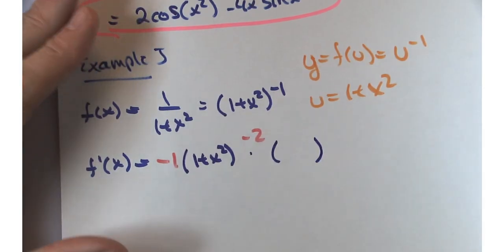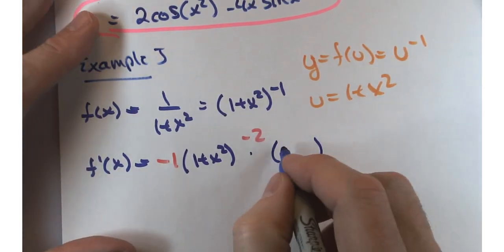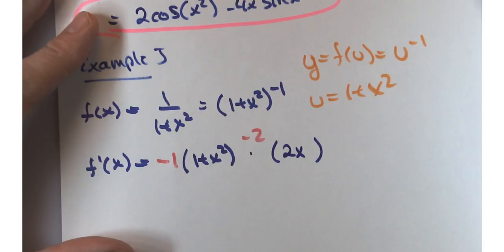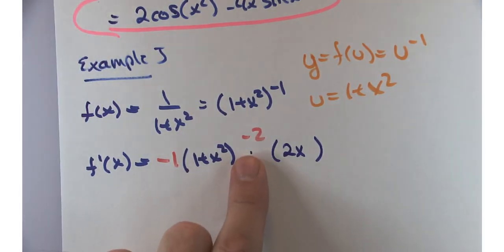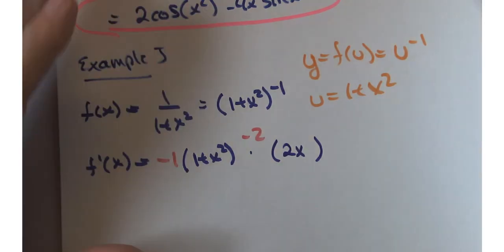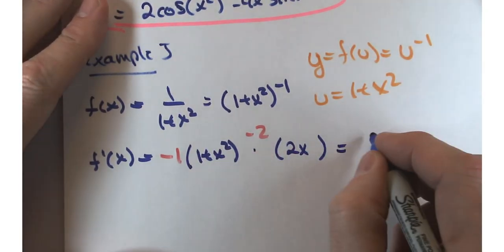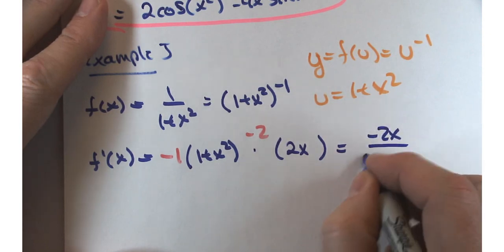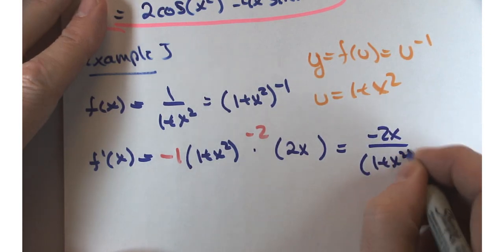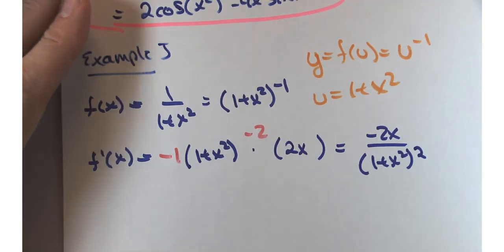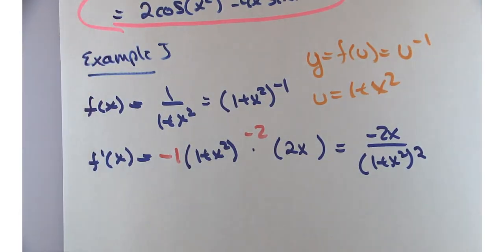Maybe this is what you gave me just a minute ago. Derivative of the inside is 2x. That -2 only applies to this power here, or this term right here. So this is going to leave the -2x in the numerator over 1 plus x squared squared. Nice. That's a lot faster than it was when we differentiated with the quotient rule. All right, it's much cleaner.